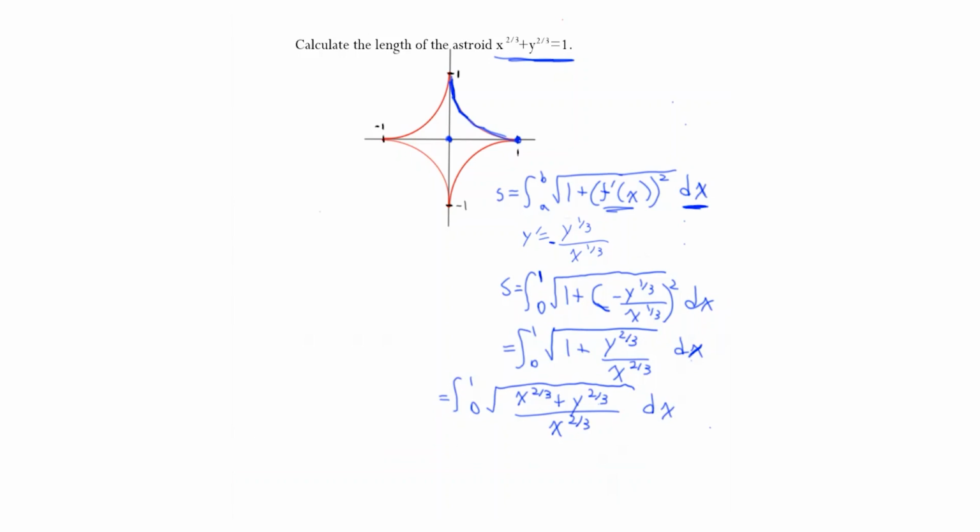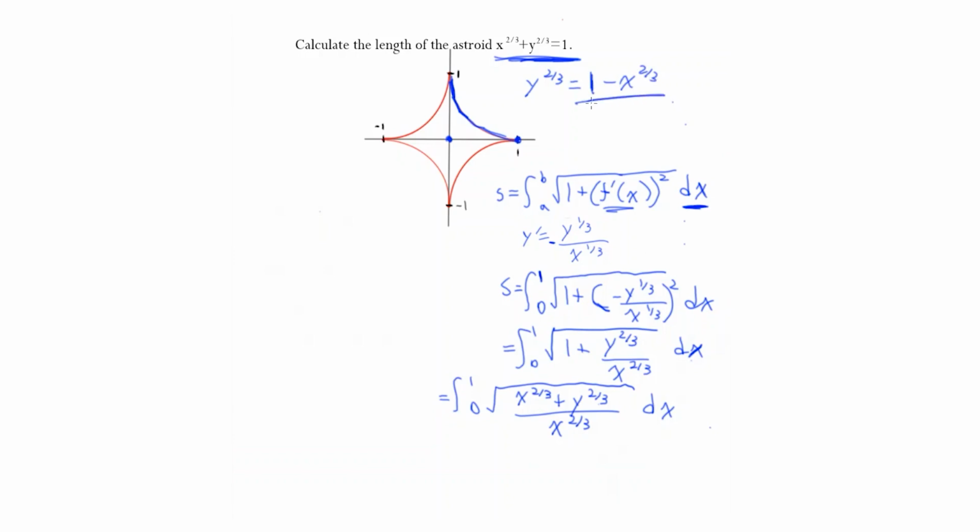Okay, now there's a little problem in which we don't want y in this at all because we only want to take things with respect to x. But that can be solved simply by using this equation over here. So we get y to the 2/3, and then we solve for it. So we subtract x to the 2/3 from both sides of the equation, giving us 1 minus x to the 2/3.